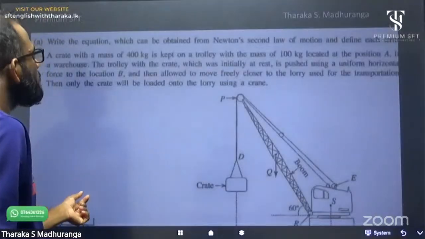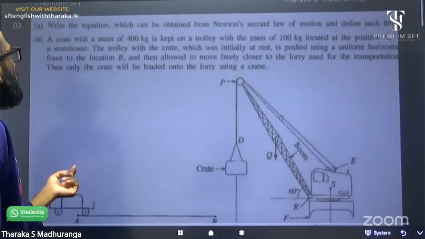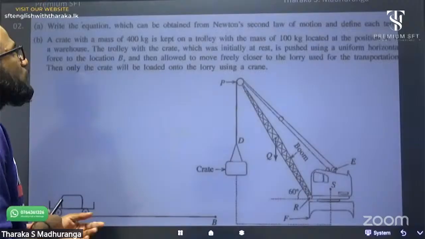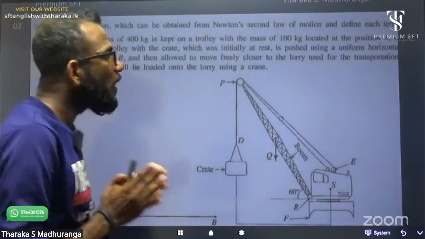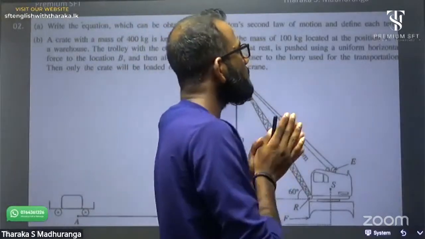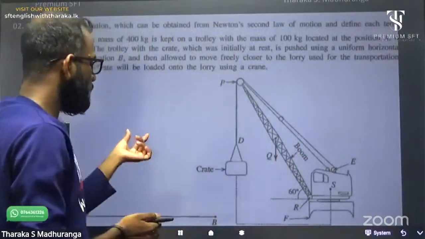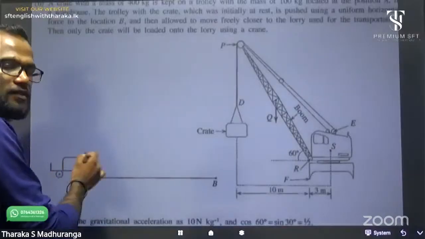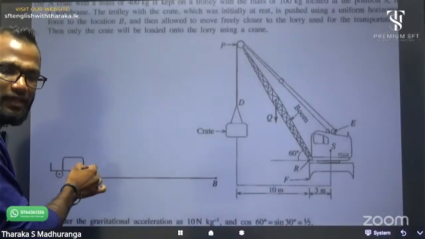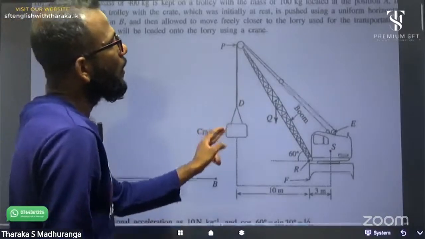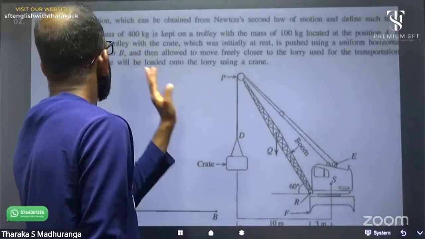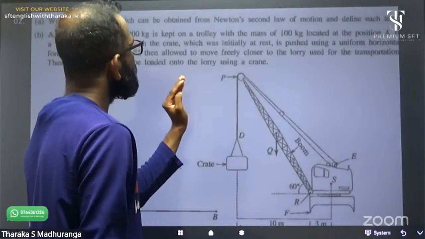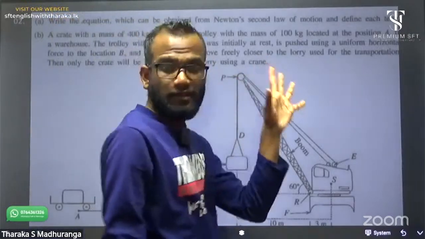Part B. A crate with a mass of 400 kilograms is kept on a trolley with a mass of 100 grams, located at position A. The crate means the object. In a warehouse, the trolley with the crate is initially at rest.